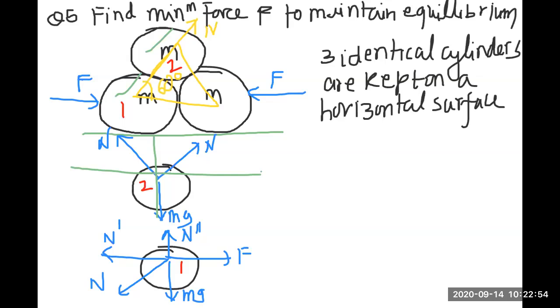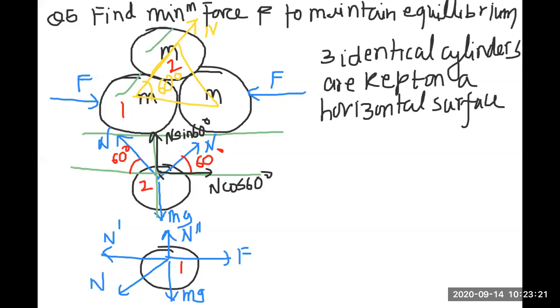This means that this angle will be 60 degrees. So the component here will be n sine 60 degrees. And the component here will be n cosine 60 degrees.